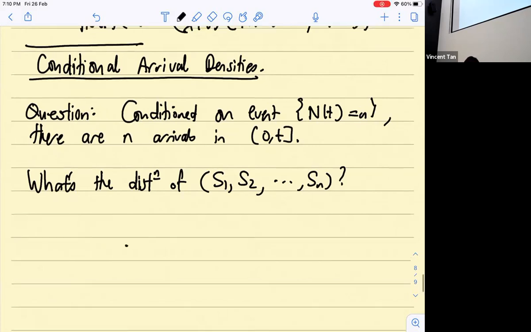All right, so we have this situation. You came in at N_t equals n, and there were 10 arrivals here. So how are they distributed in this interval? There were 10 goals here. So where is the first goal on average?